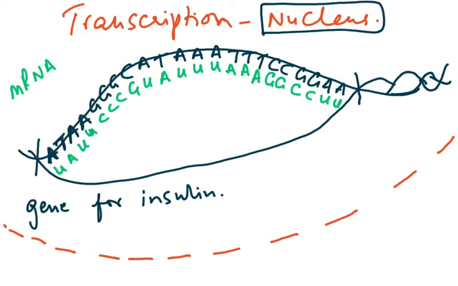So we have complementary base pairing here, and the RNA has U's and the DNA, which I've shown you in black.